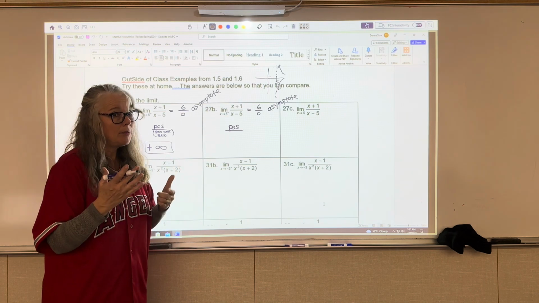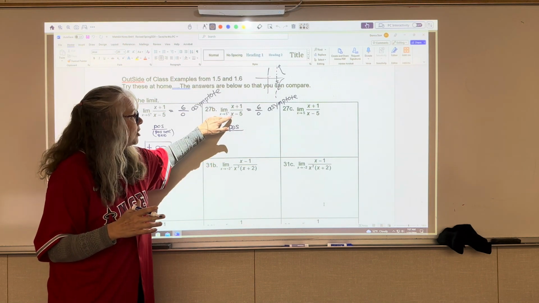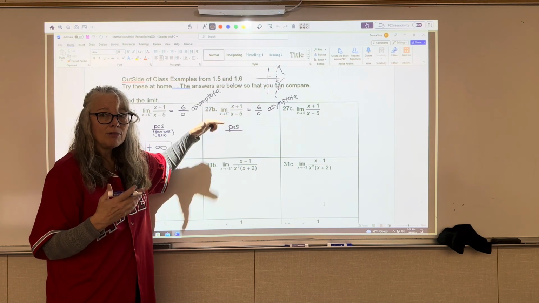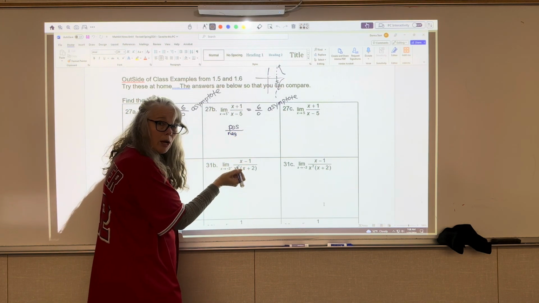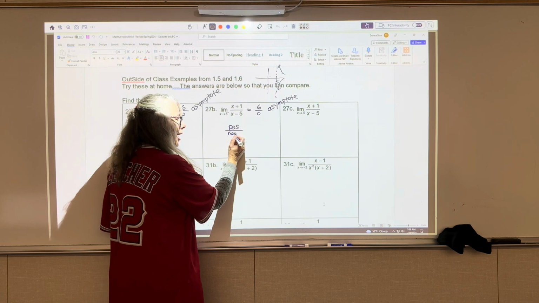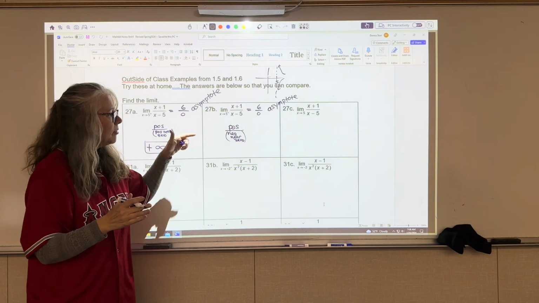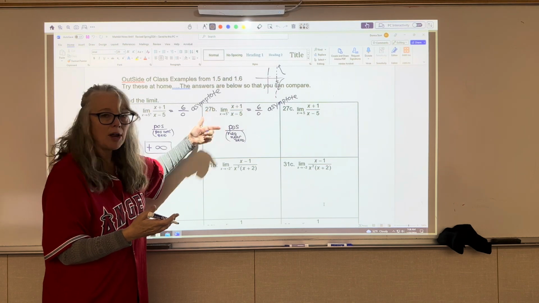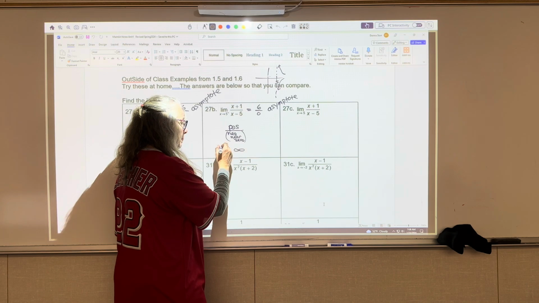I'm not plugging in a number, I'm just thinking, if it's a little bit smaller than 5 and I take away 5, then that result will be negative, like 4.9 minus 5, but near 0 still. The near 0 in the denominator is what makes it infinity. Now a positive divided by a negative is a negative. So this is negative infinity.